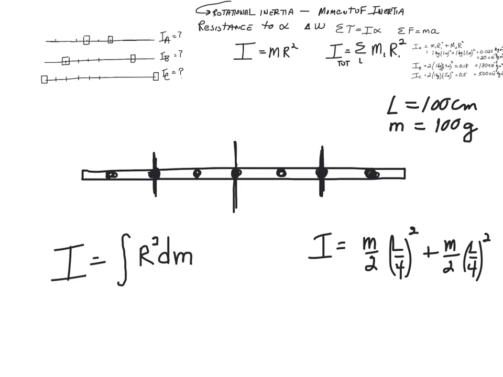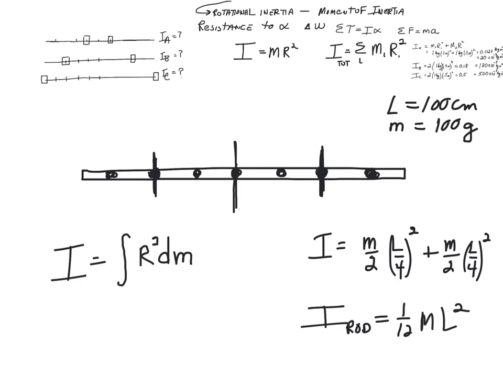And what we end up with when we do that for the rod is the equation that for Physics 1 people you'll just be given, and for Physics 111 people you'll be given, but you know how to get it. And so I for a rod is 1/12 ml squared.